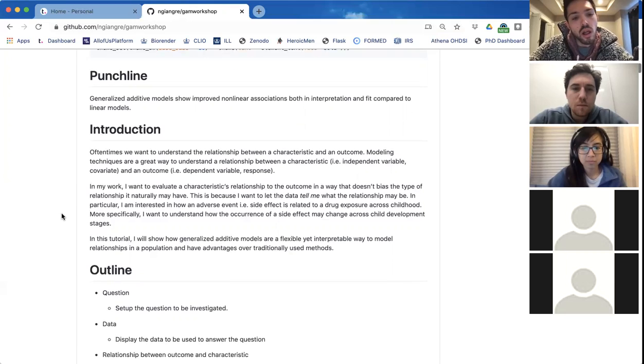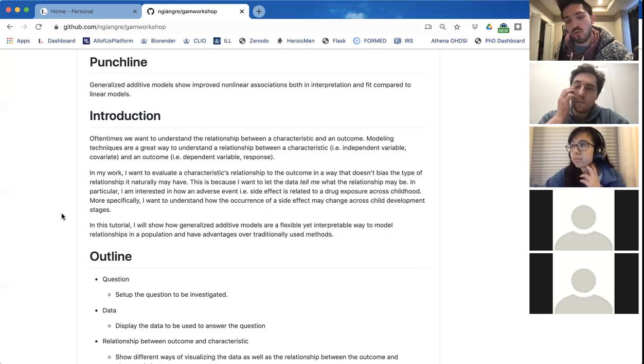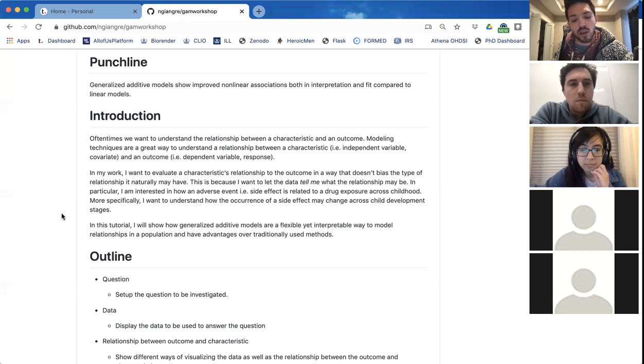And so, usually what we do all the time is we try to characterize or understand the relationship between a characteristic and an outcome. And often we say that relationship is linear. So like when you read papers, often you see the odds ratios and confidence intervals. And I look at a lot of randomized clinical trials that we see a lot of these days during the pandemic.